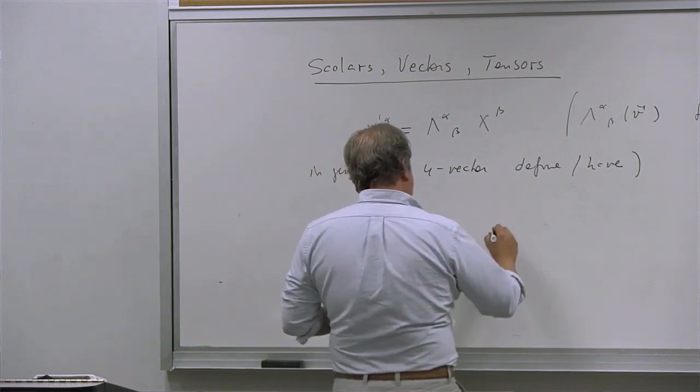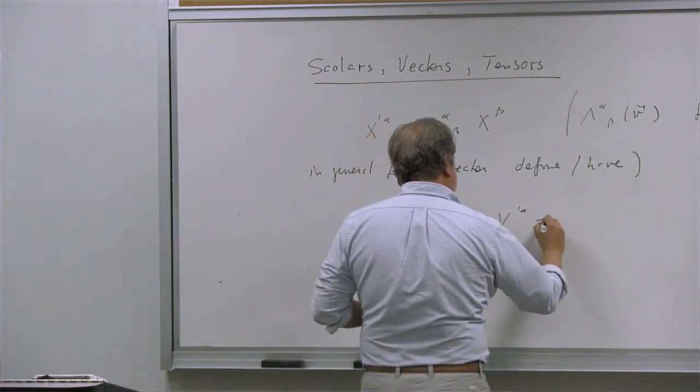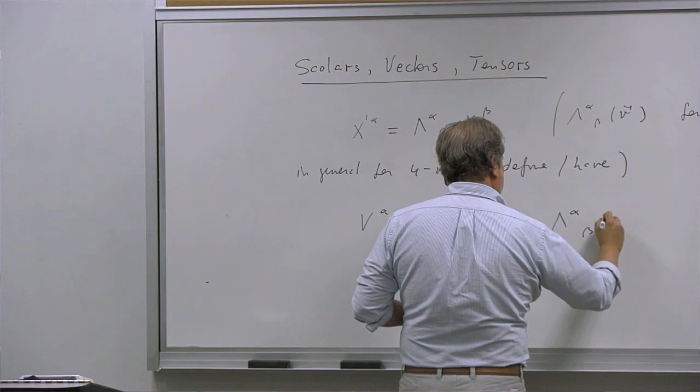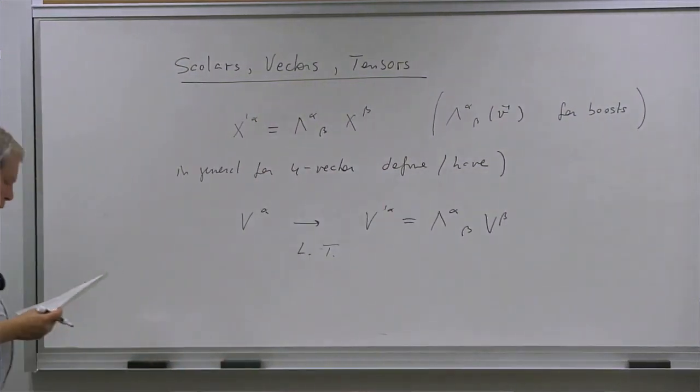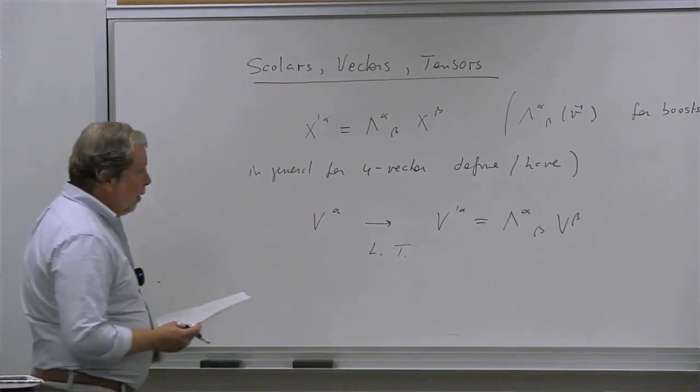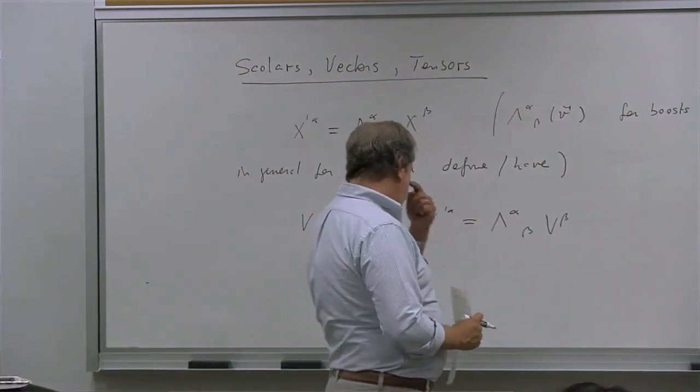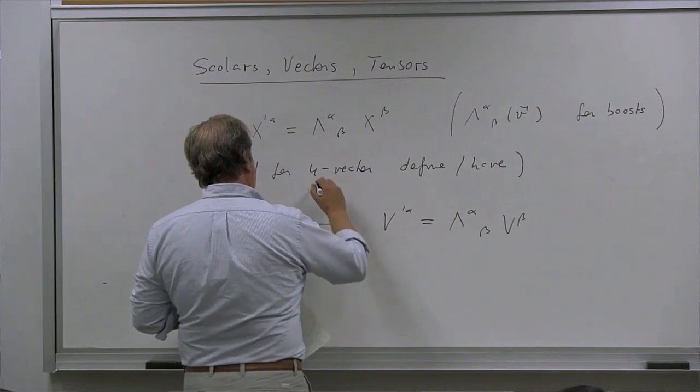So any of those will work. And so this will become a v prime alpha, which is lambda alpha beta times v beta. And that is the transformation law for a vector. So anything that transforms this way is going to be a 4 vector.